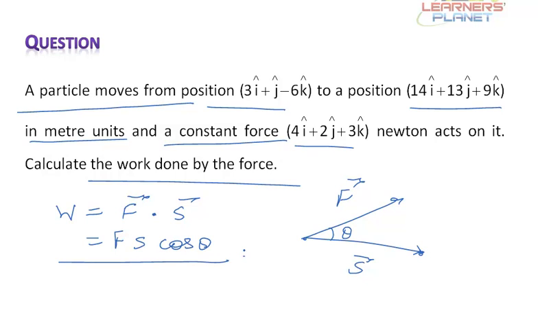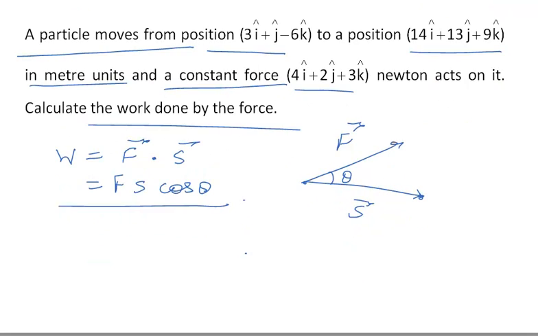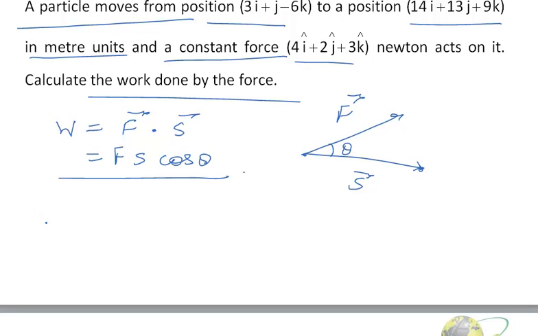Now in this case we are given force vector and displacement vector in rectangular coordinate form. So let's look at the problem from the frame of reference of the Cartesian coordinate system. Let's say this is origin O, X, this is Y, and this is Z. A particle from this point moves to this point.